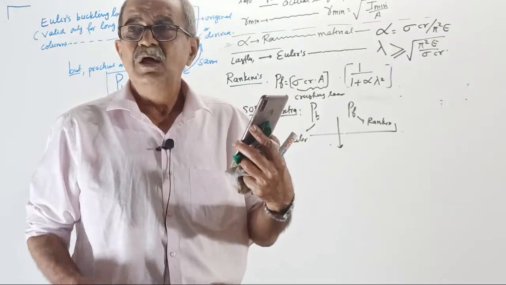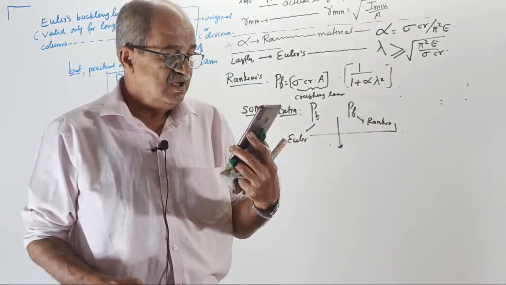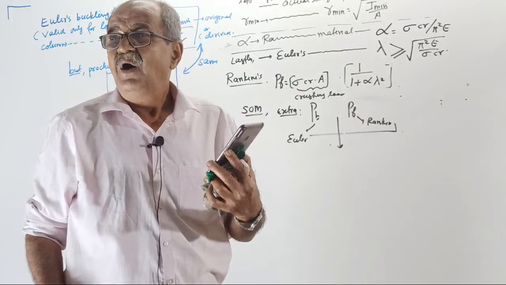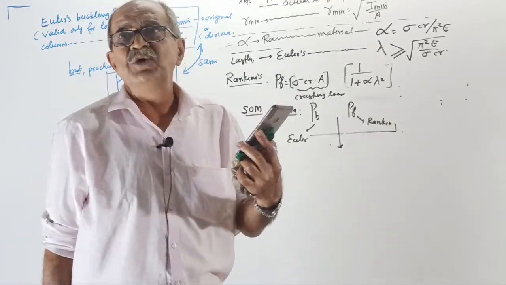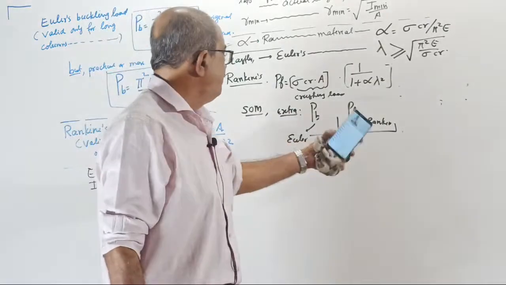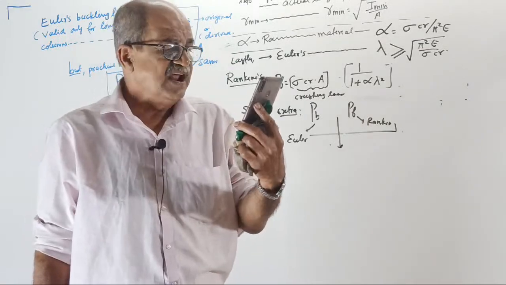How possible? Failure, permissible load. How did the idea come? In RCC you get factored load, ultimate load, the same way. These are failure loads. So you permit this load in actual construction.